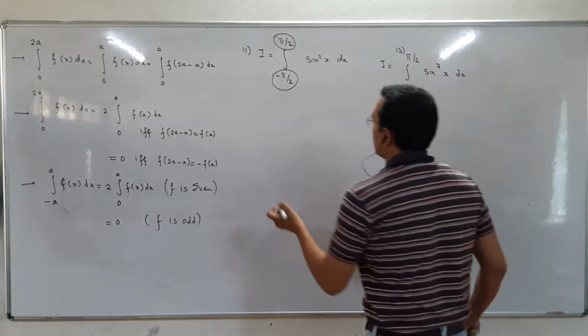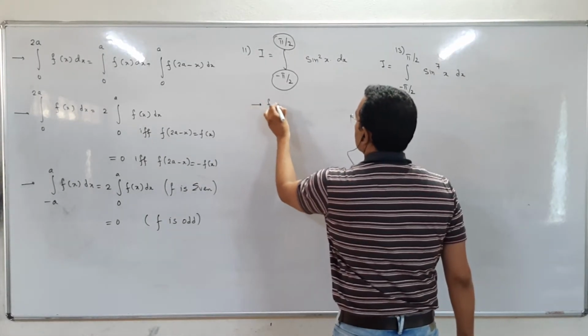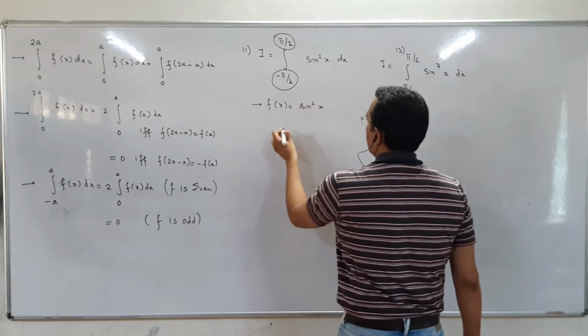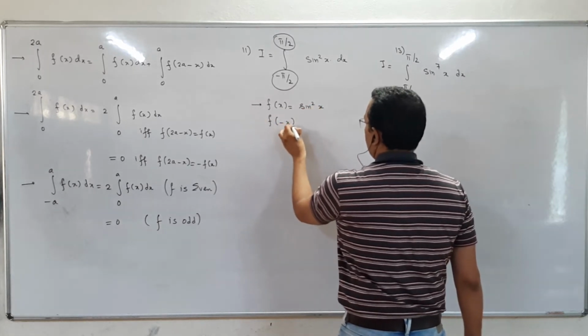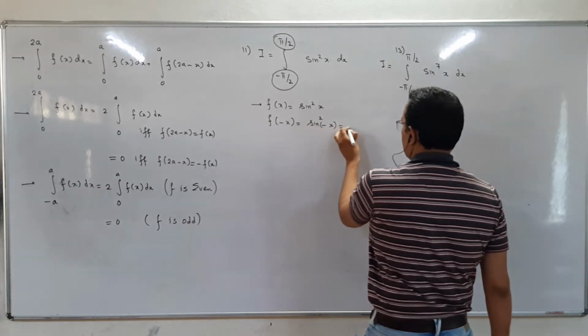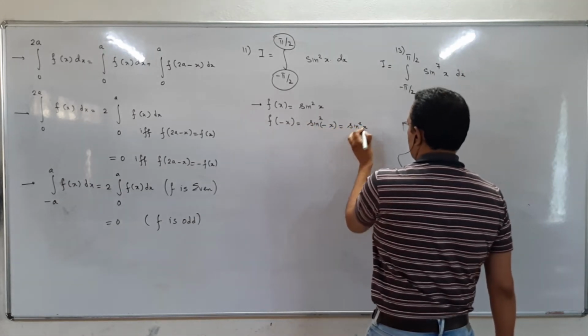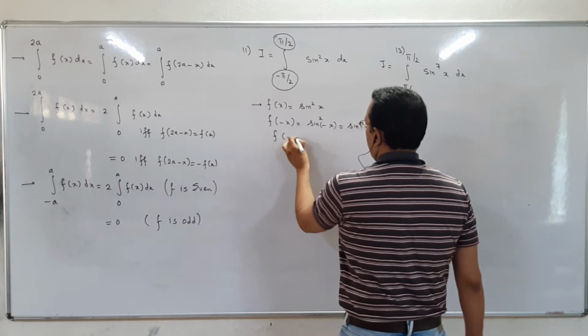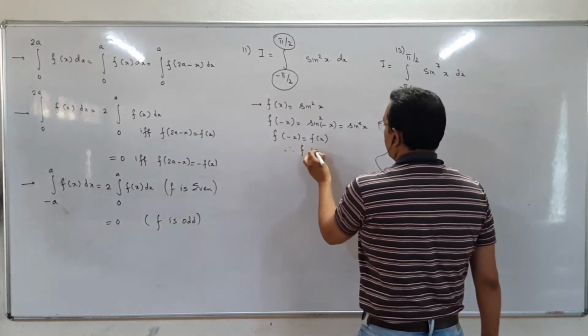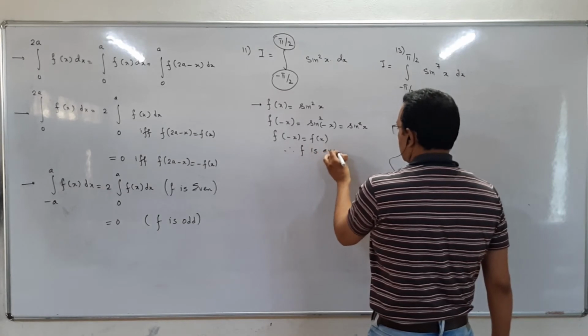So, here, first of all, our function f(x) is equal to sine square x. Replacing x by minus x, this will be sine square of minus x, and that is same as sine square x. So f of minus x is equal to f of x. Therefore, f is even.